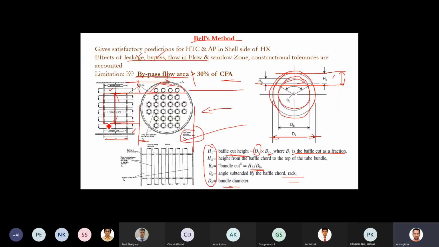This will normally be accounted for to calculate the number of tube rows in the cross flow zone. For that we should know the value of the baffle cut and bundle cut. This DB is normally called bundle diameter. We know that shell diameter, the ID of the shell, is equal to bundle diameter plus clearance.